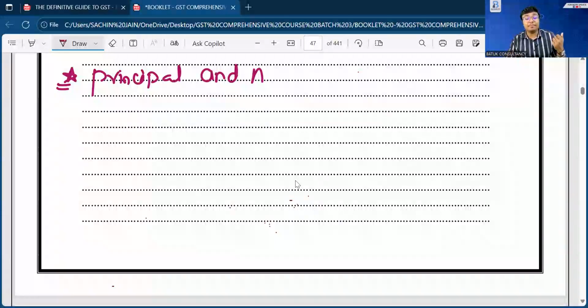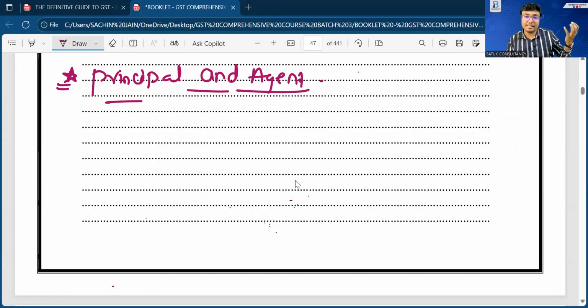The same type of manipulation where the principal has a less balance of input tax credit. So principal may transfer that goods or services at a lower price so that agent can get the input tax credit with lower amount, but the principal saves themselves from paying the taxes in cash. So that is also possible in case of principal and agent.